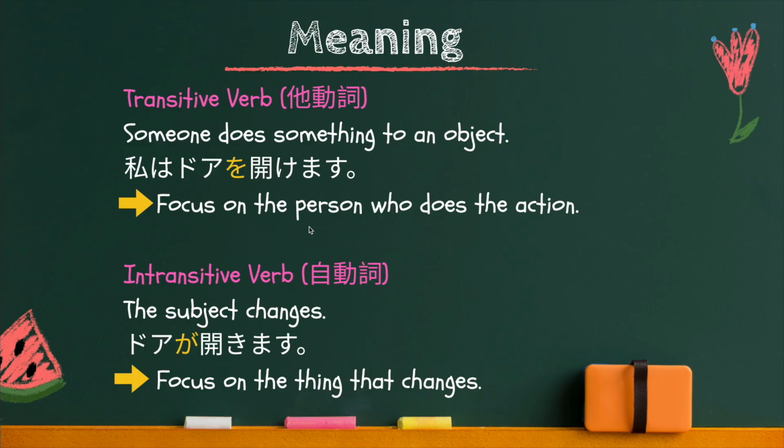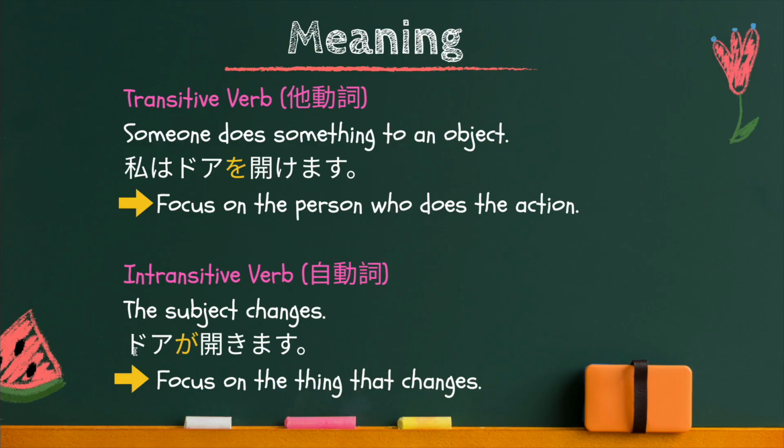Now let's move on to this one, intransitive verb. This time, it focuses on the thing that changes. So let's look at this example. It says, ドアが開きます. This means the door opens. So there is no someone, just that the door opens. So it focuses on the thing, in this case, the door, which opens.